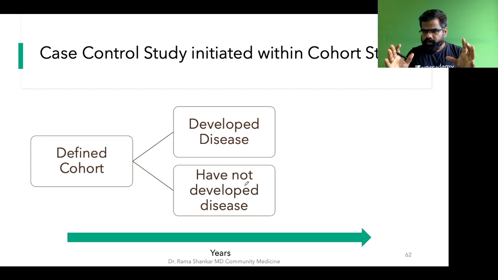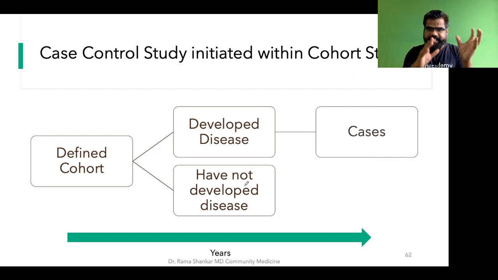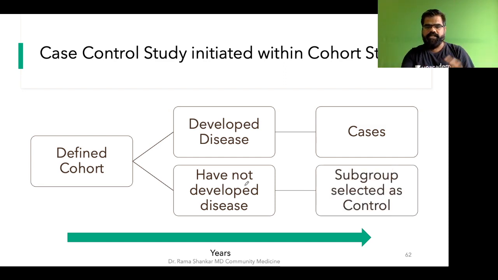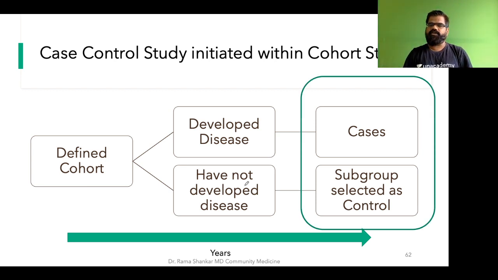So we have two groups. From those who have developed disease, I'll take cases because they are diseased now, and from those who have not developed disease I'll take controls. And now within that cohort study I'm trying to compare between case and control. So can I say it is a nested case control study? Okay, so this is nested case control study.